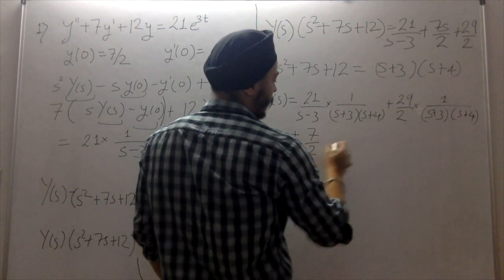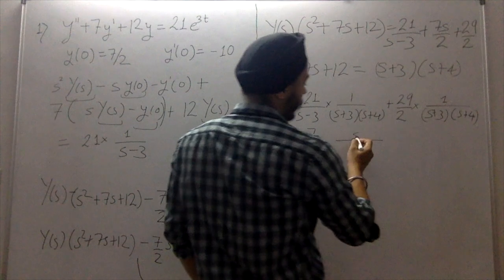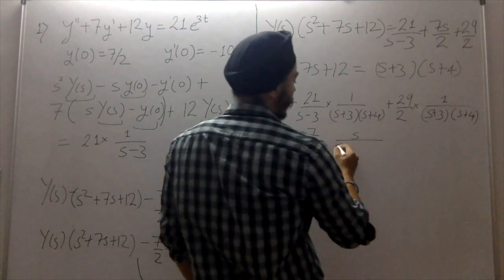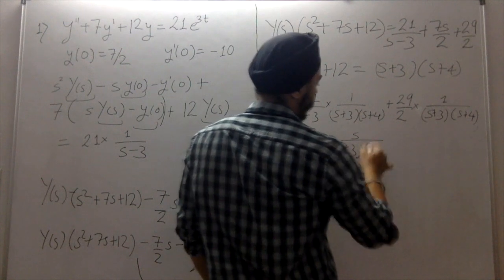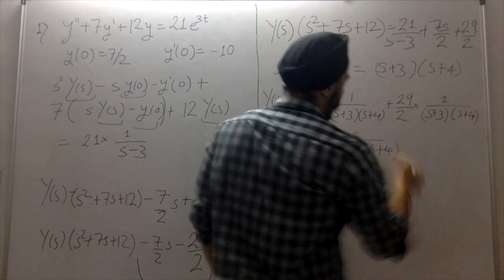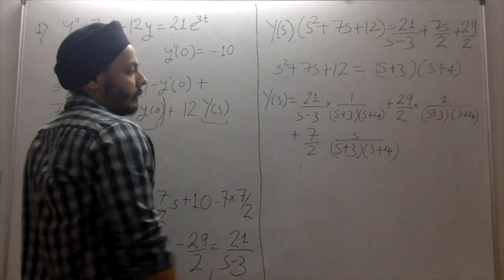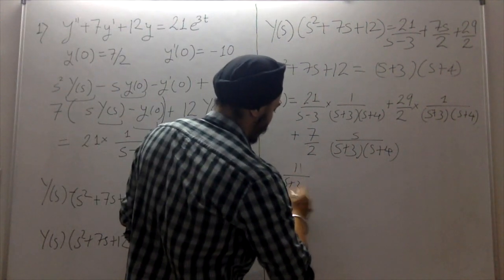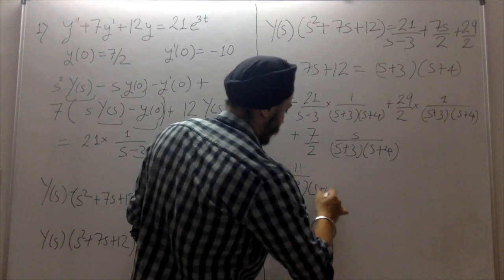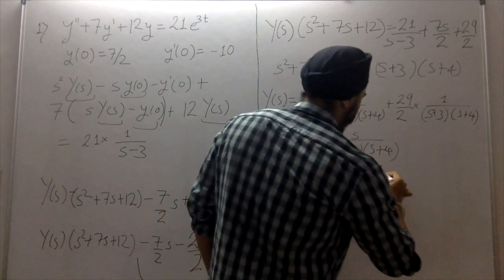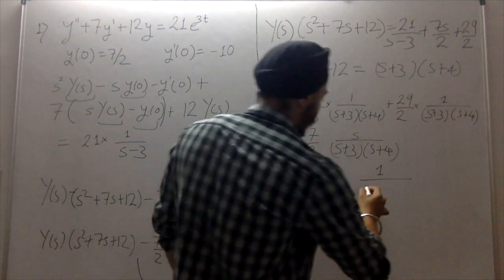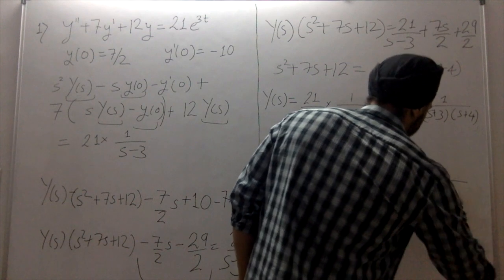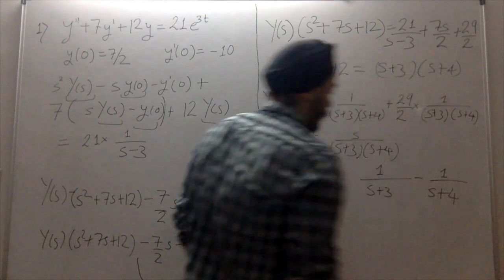Now we will need to split here, but s has to come upside. So now we can split 1 by s plus 3 into s plus 4. This we can write as 1 over s plus 3 minus 1 over s plus 4.